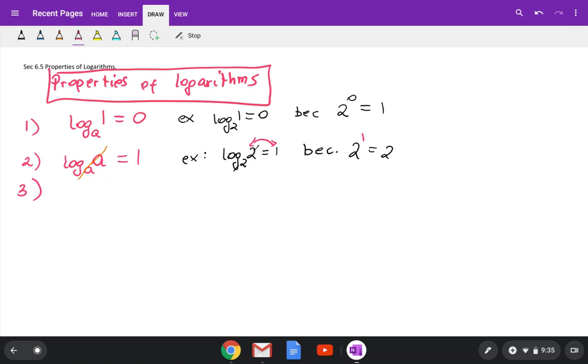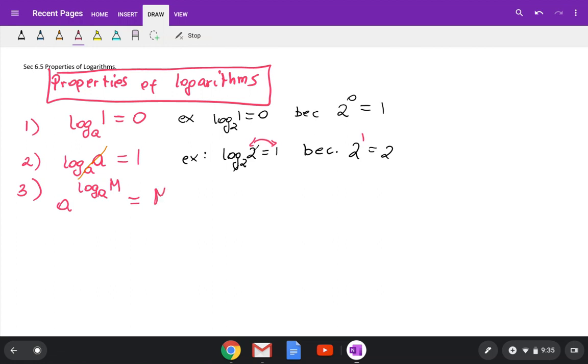So this one, you have an exponential expression, and the exponent is log of base A. So the base of the exponential is the same as the base of log, and here you have m, that expression. So what's going to happen?